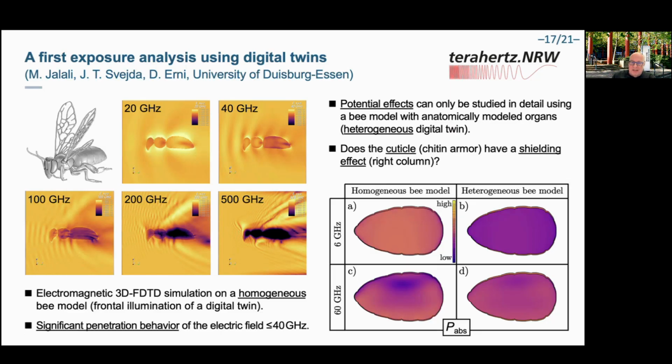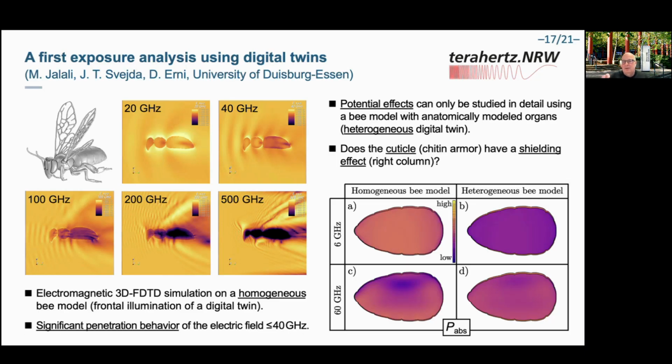For that reason, we have set up a very simple model, just using the abdomen of the bee. The left column is just a homogeneous bee model, and on the right-hand side, we see the bee model with the cuticle. What can be seen is that for lower frequencies, here at 6 gigahertz, we see a slight shielding effect, but the shielding effect vanishes if we move to higher frequencies.